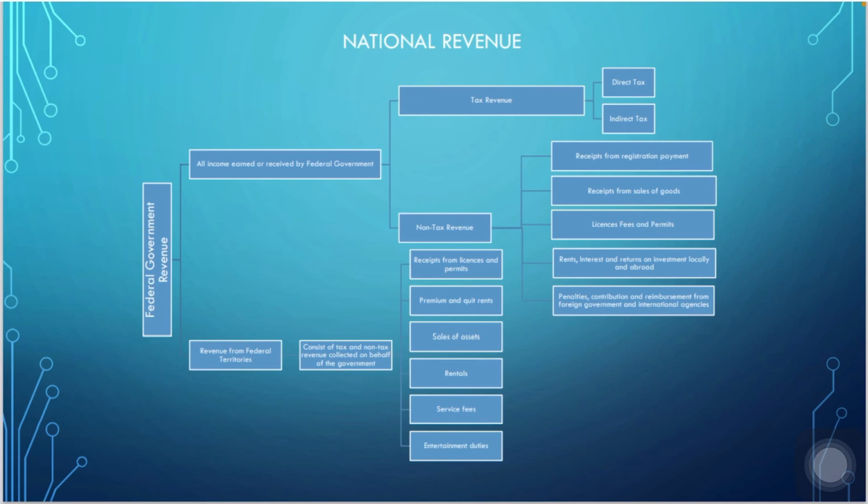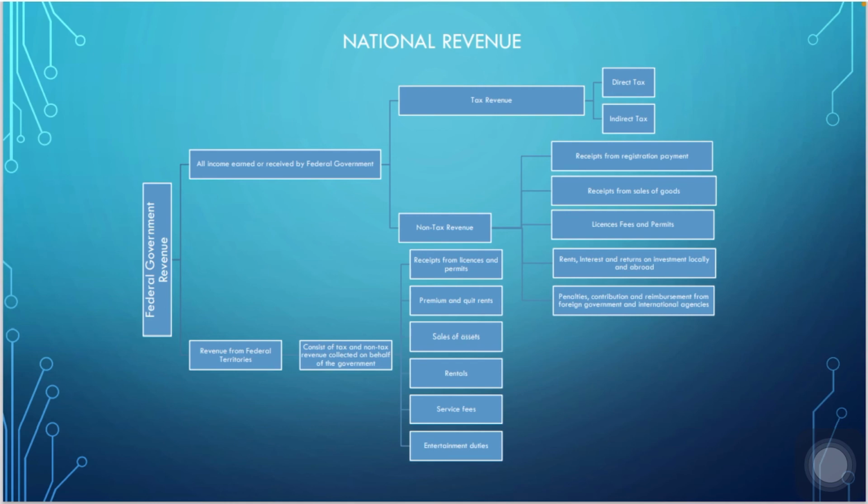So ini adalah national revenue. So basically national revenue ni saya dah cakap dah kan, 70% daripada sumber pendapatan kerajaan Malaysia merupakan hasil cukai daripada rakyat. So tax revenue lah, you ada direct tax, indirect tax. Ini pun kita dah sentuh dalam chapter 1. So basically national revenue ni mostly datang daripada tax lah.